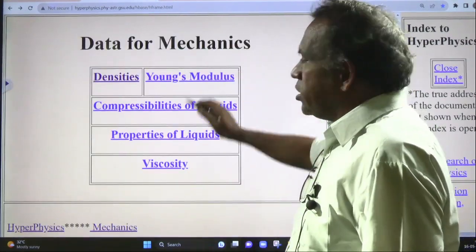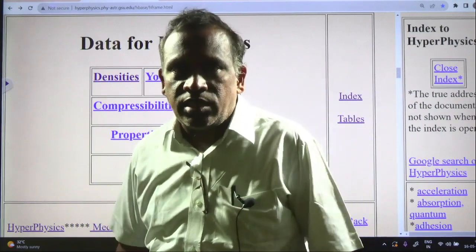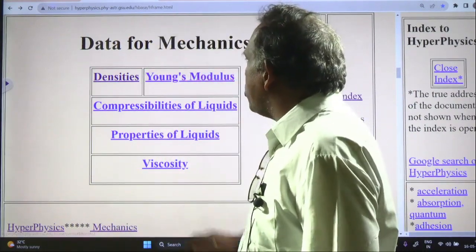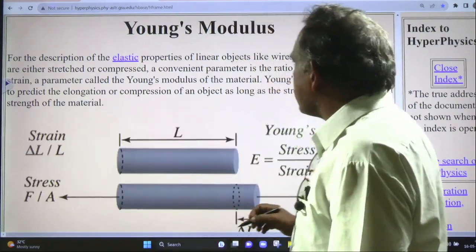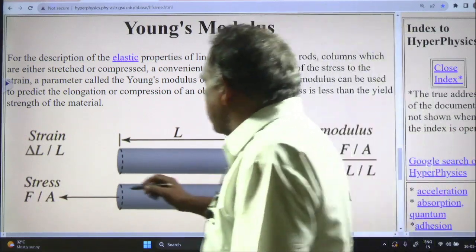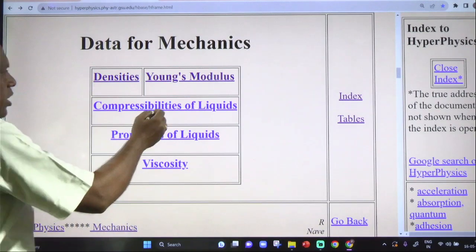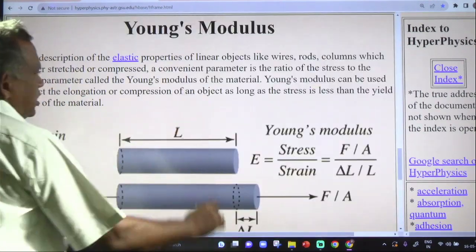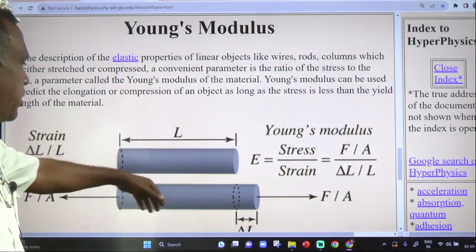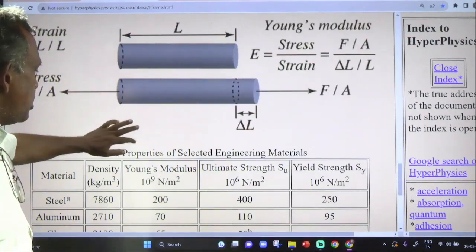And Young's modulus, there is a constant Young's modulus in physics. Young's modulus is nothing but the stress by strain.